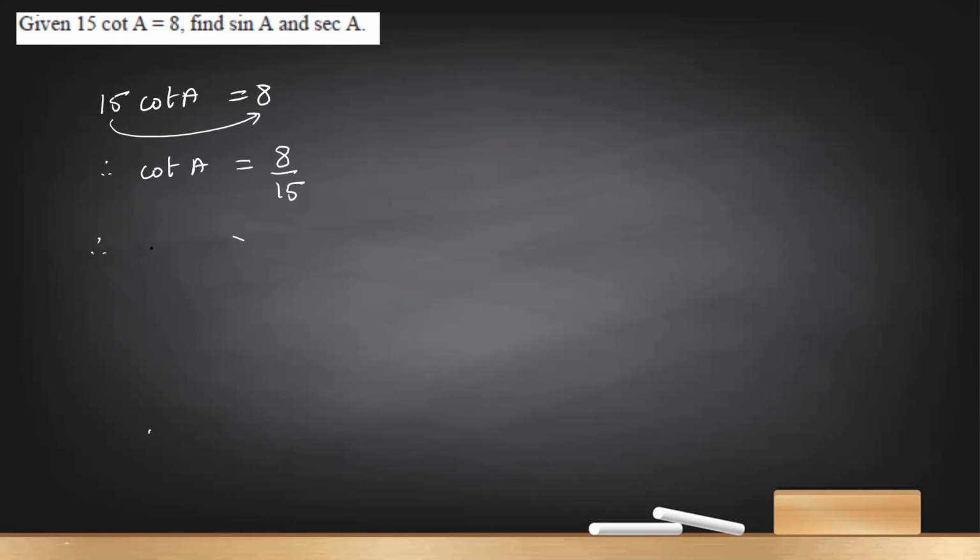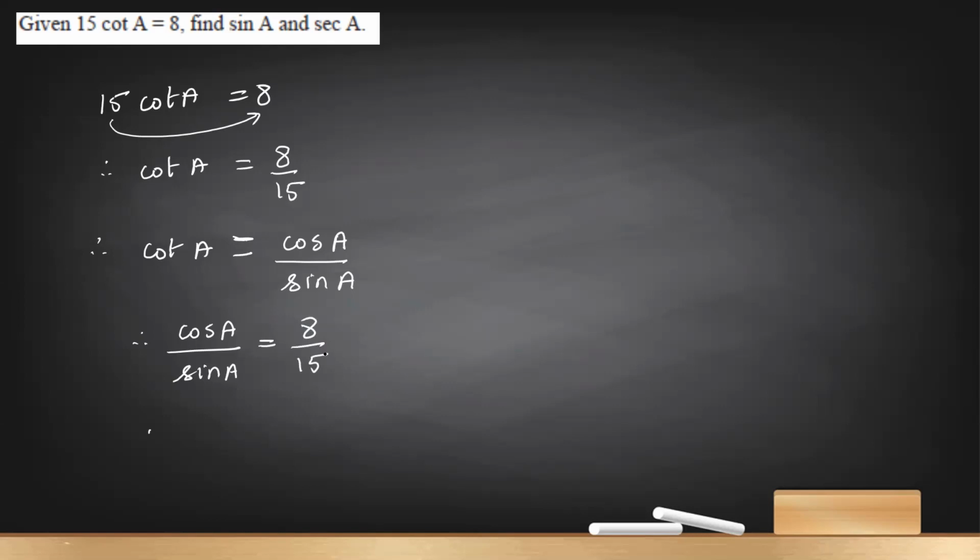Okay. How do we do that? We know cot A. What is cot A? We know the formula for cot. It is cos A upon sin A. Right. And cos A upon sin A is equal to 8 upon 15.